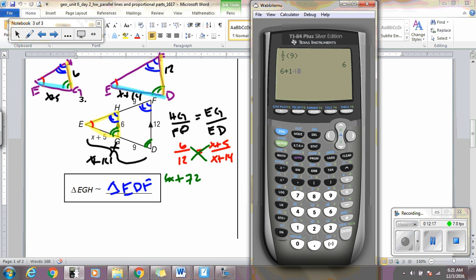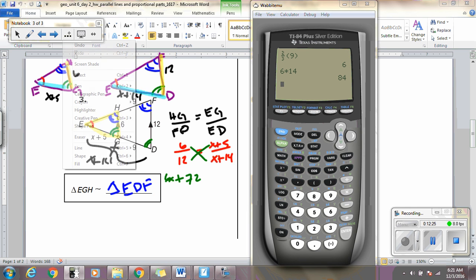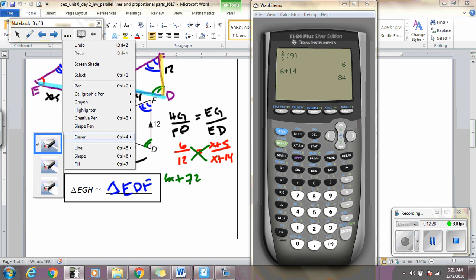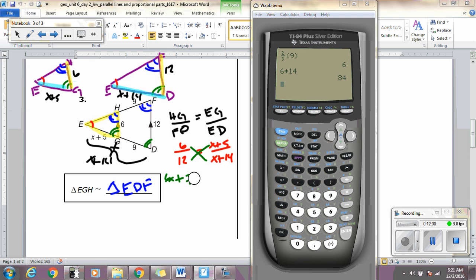No, it's something with a 4. So I know I'm wrong. 84. All right. And it's equal to 12 times X, which is 12X, plus 12 times 5, which is 60.